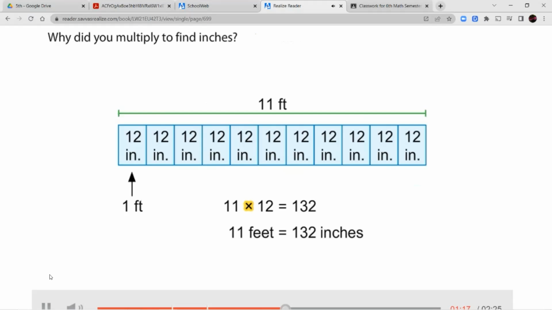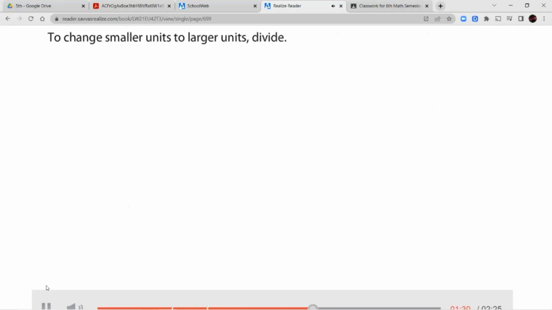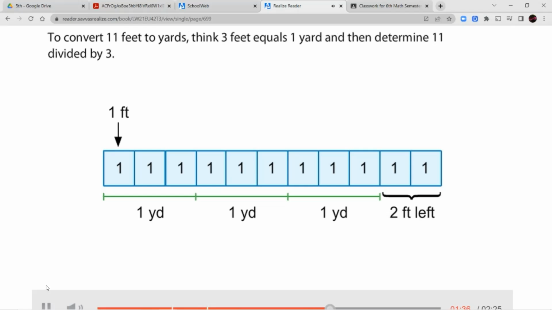Why did you multiply to find inches? You multiply to find inches because you are converting from larger units to smaller units. To change smaller units to larger units, divide. To convert 11 feet to yards, think 3 feet equals 1 yard, and then determine 11 divided by 3.